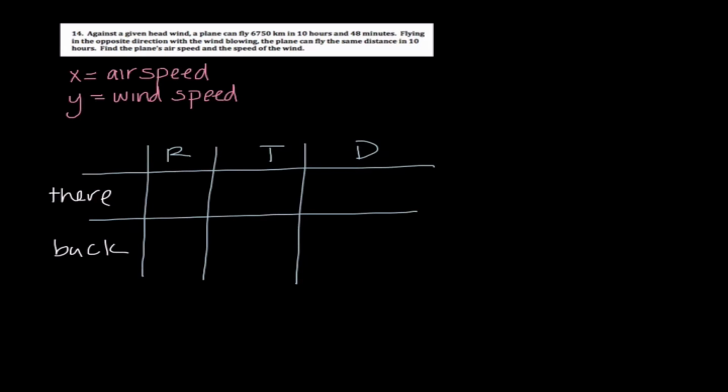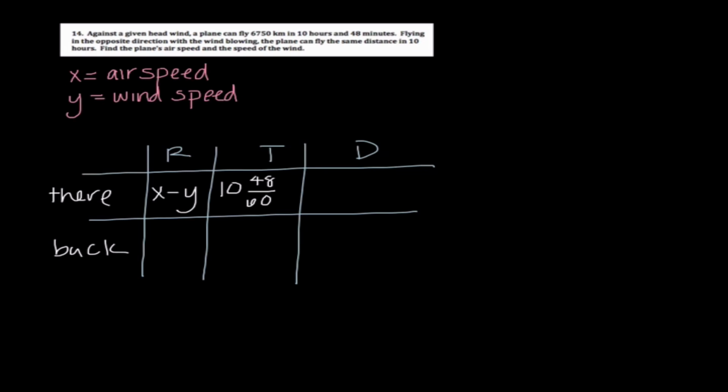So on the way there, it says we are going against a given headwind. So that would be x minus y. Then it tells me it can fly in 10 hours and 48 minutes. So our time needs to be consistent. So I'm going to think of this as 10 and 48 over 60. Now, I know I personally hate mixed numbers.